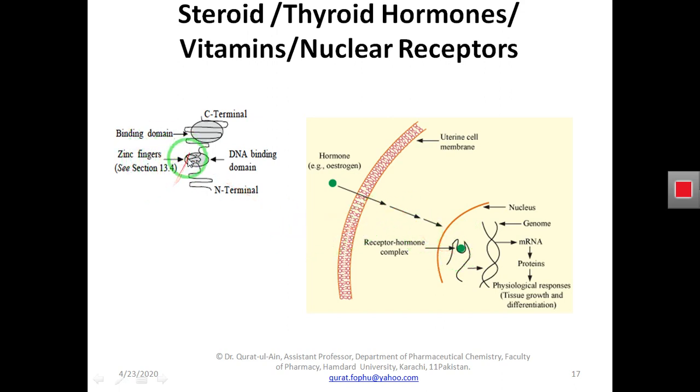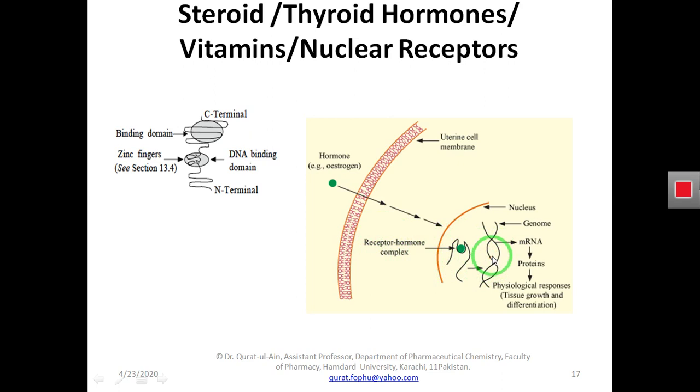So when the ligand binds with this zinc finger domain, what happens? The DNA binding domain of the receptor will be exposed, and then this receptor hormone complex, or receptor ligand complex, binds with the DNA.